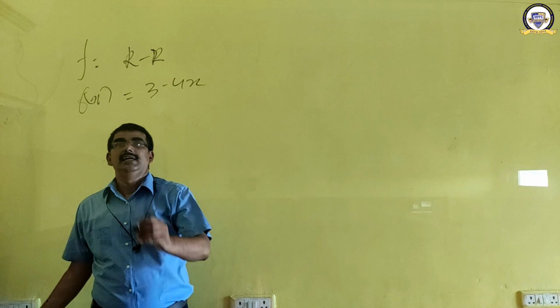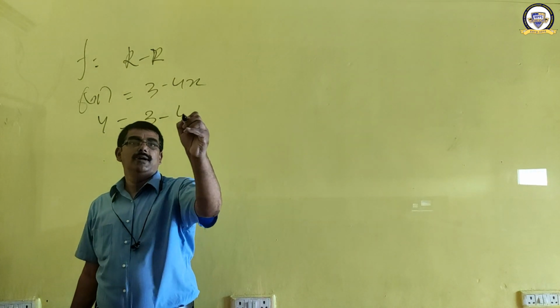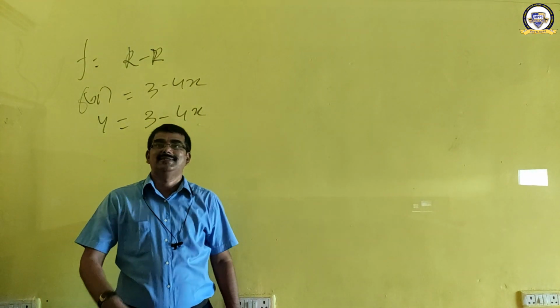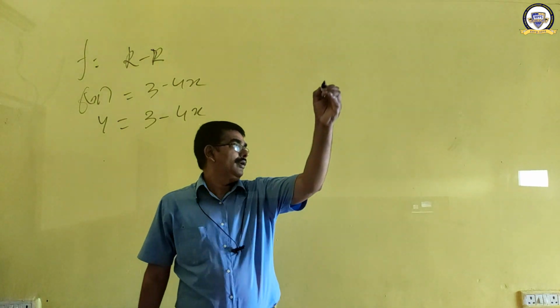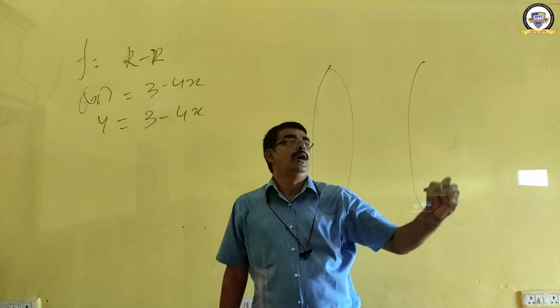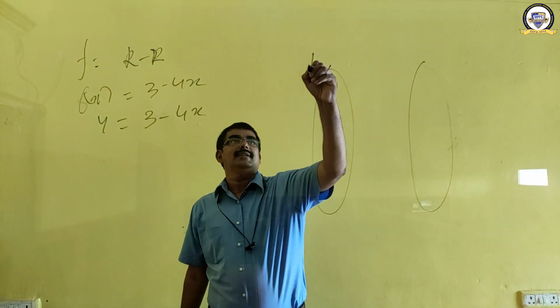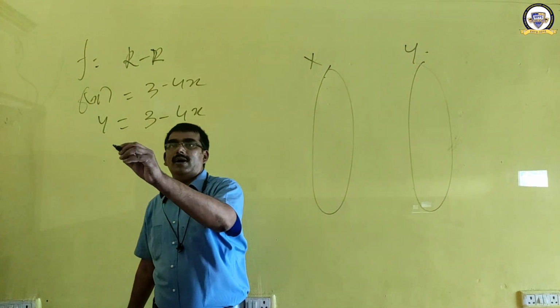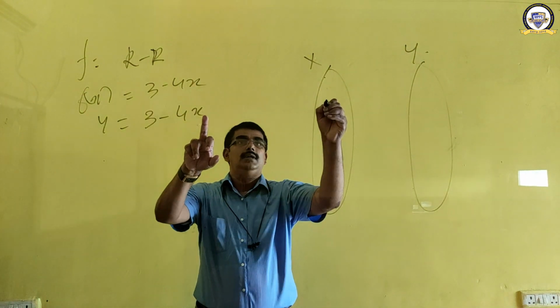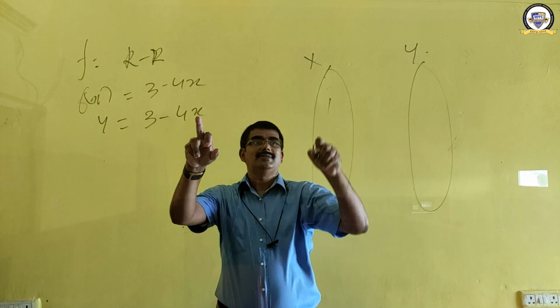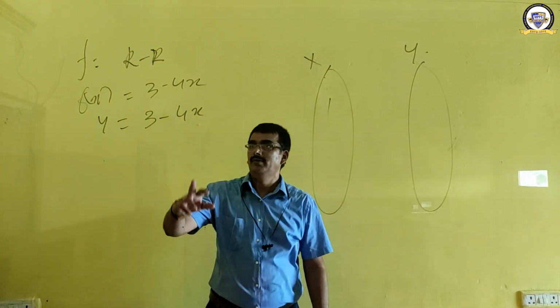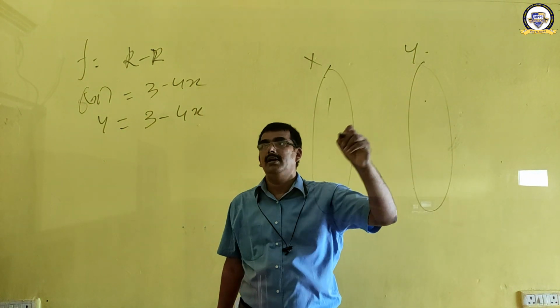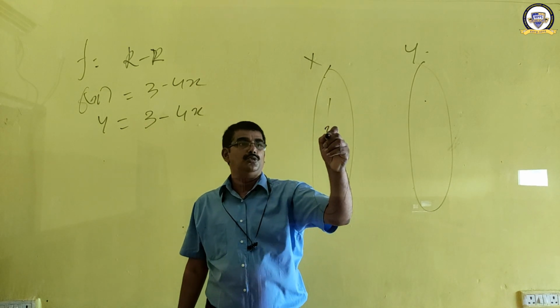That is, y is equal to 3 minus 4x. You can draw two sets over here, this is x and this is y. If x is equal to 1, you will get a y over here. If x is equal to 2, you will get a y over here.